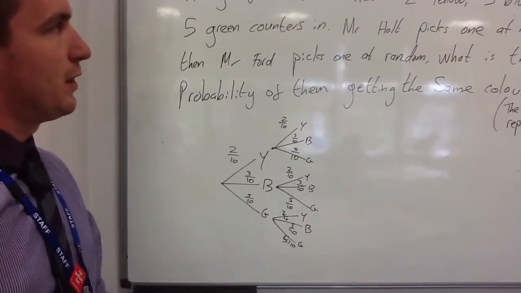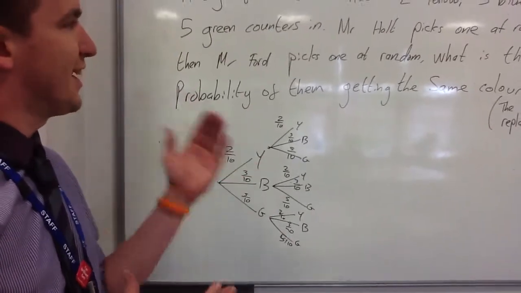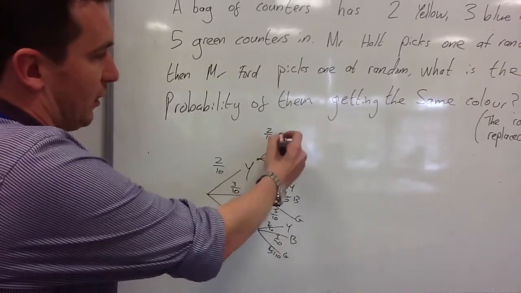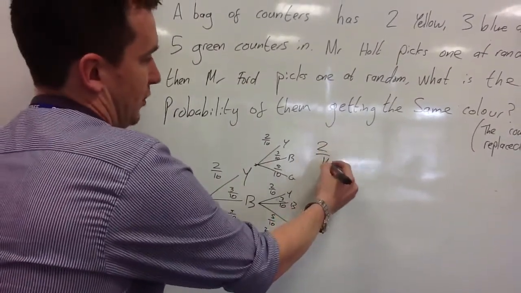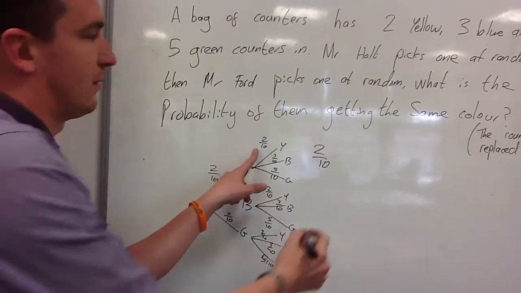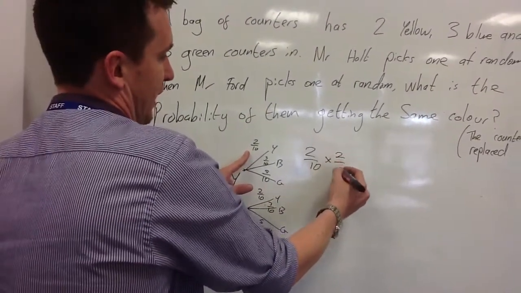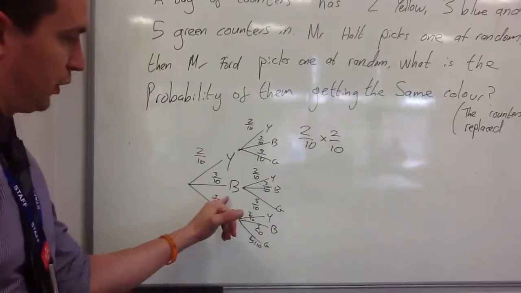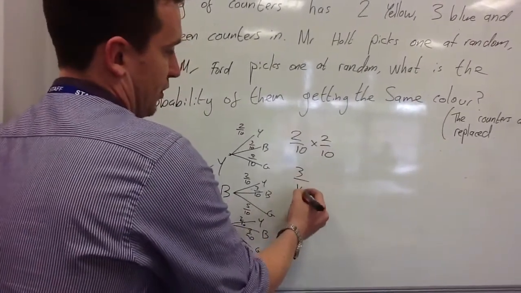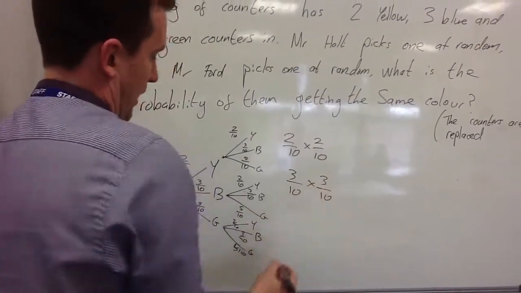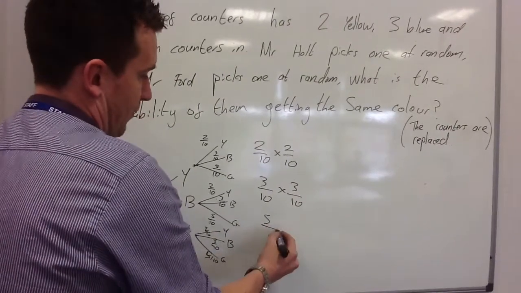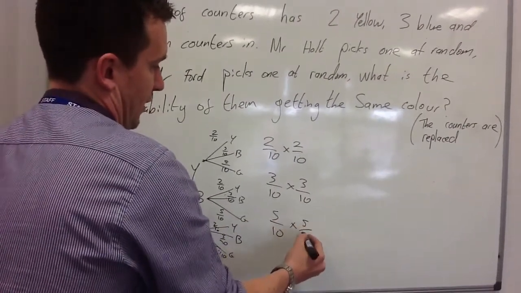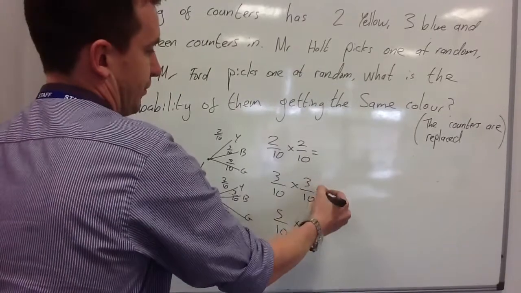So the probability when we follow the paths, we want the same colour. Yellow, yellow would be 2 tenths for Mr. Holt, and then 2 tenths for Mr. Ford. You times these together. Blue and blue is 3 tenths and 3 tenths. And green, green is 5 tenths and 5 tenths.